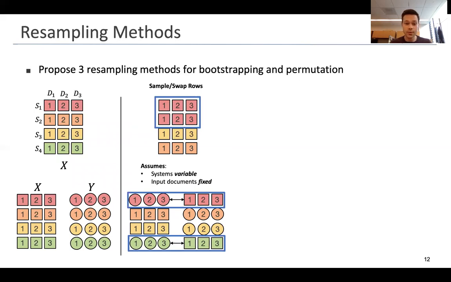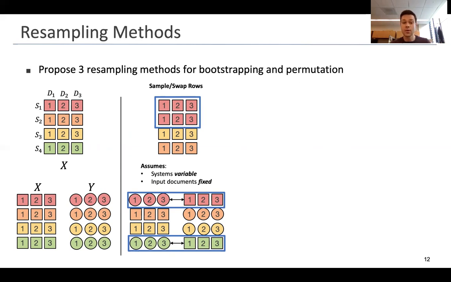The first thing that we could do is assume that the set of systems used in the evaluation are variable, but the set of input documents is fixed and always the same. So when we do this resampling, there's only randomness in the set of systems, which for bootstrapping corresponds to sampling rows with replacement.